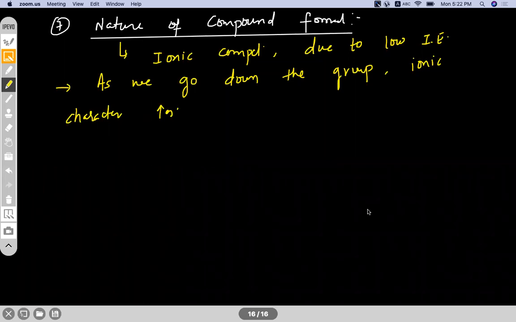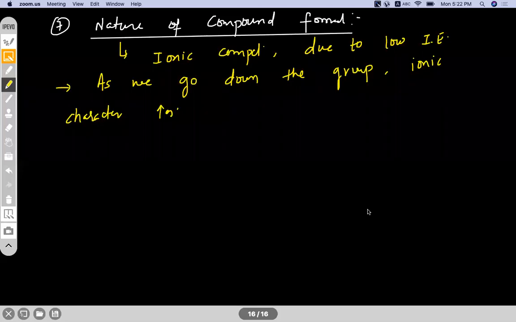Write down one note here. Beryllium compounds in anhydrous form, when there is no water of crystallization, are covalent in nature.